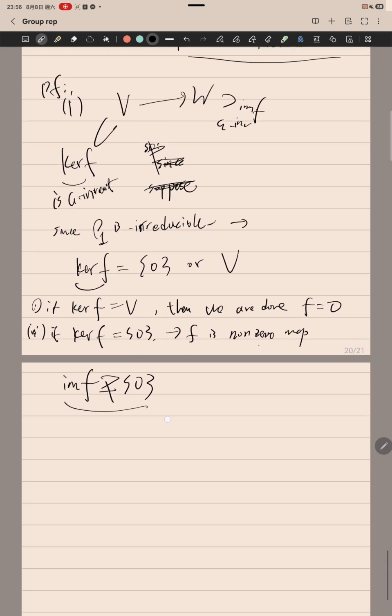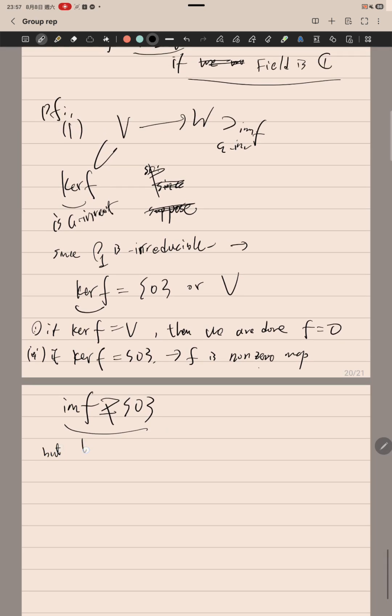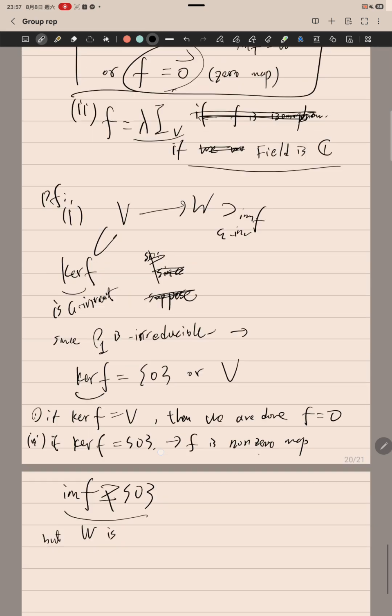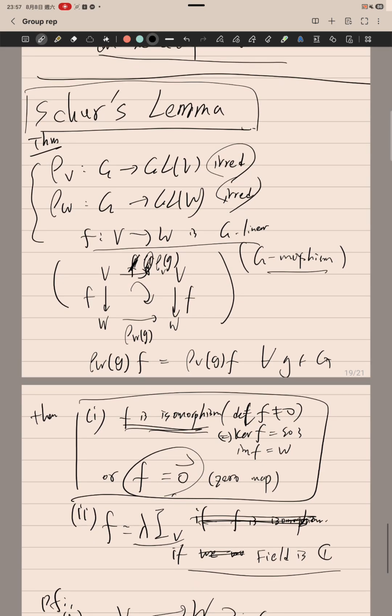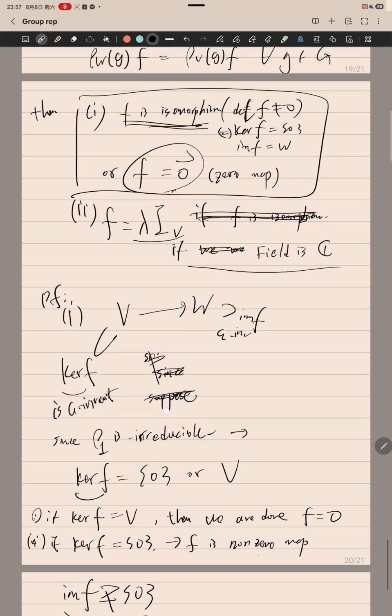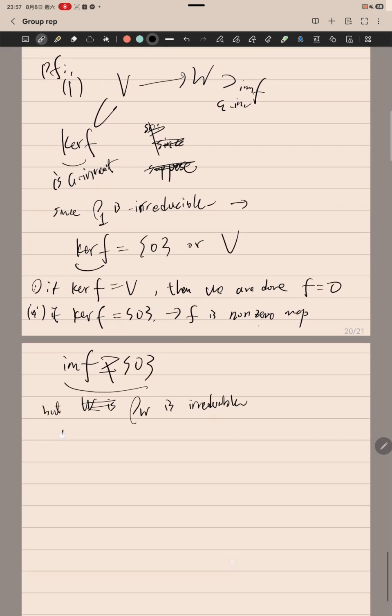The image of f is a non-zero subspace of W, but rho W is also irreducible, which means no non-trivial subspace.